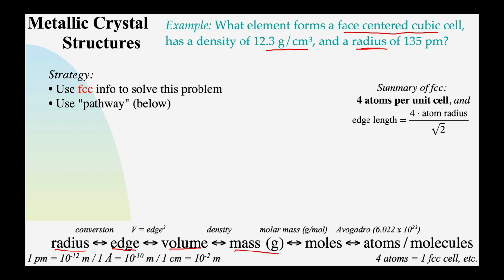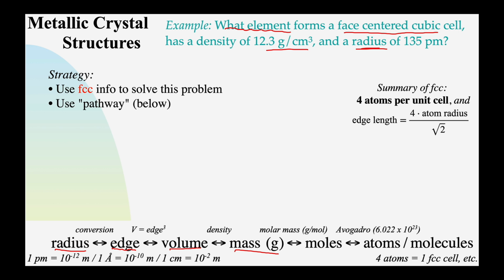However, we don't know what element we're dealing with here, so we can't exactly look on the periodic table for the molar mass if we don't know what it is. I mean, is it hydrogen or uranium or whatever? Who knows? So once we get to mass, we have to stop, and then you go to the far right and move left until you stop again.